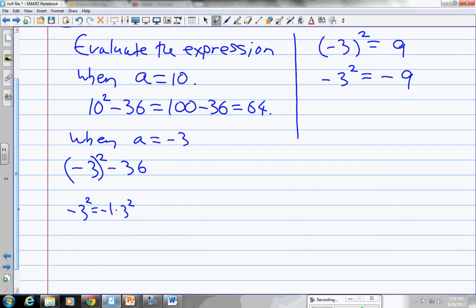Oh, I want to catch you early. So those parentheses do matter. But yes, that gives you 9. Negative 36 stays the same. And 9 minus 36 is negative? What is it?